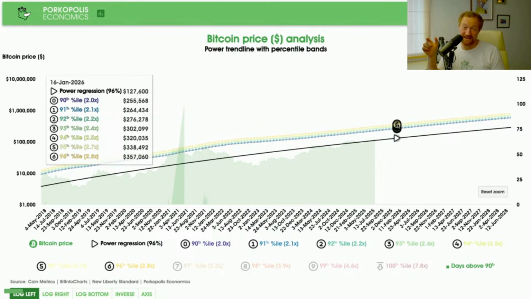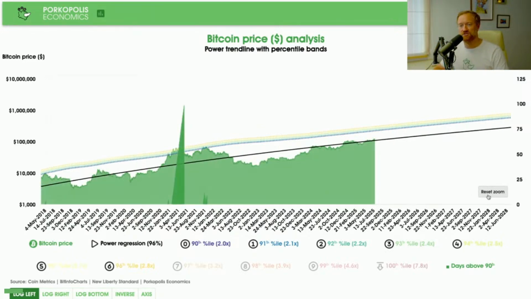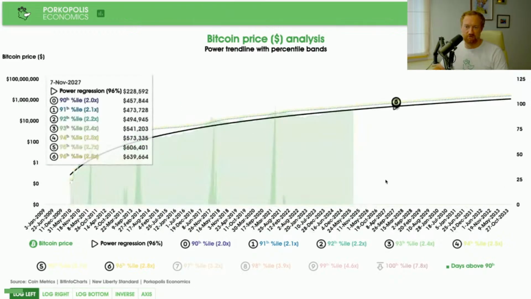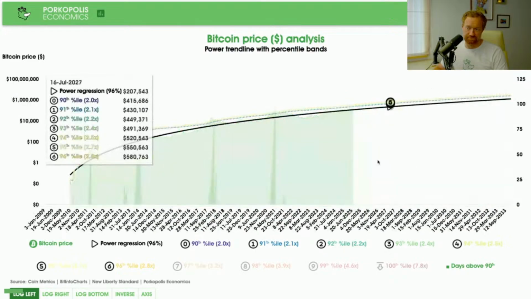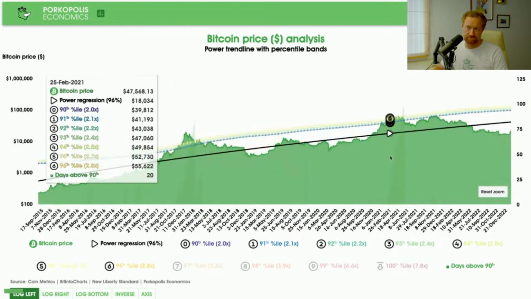Getting close to 3x, which is the number 6 here. Could be harder this time around because the data keeps getting heavier and heavier. More data points. It's harder and harder to break out on the upside, unlike these early years. And as you see, we didn't really break out on the upside in 2021.